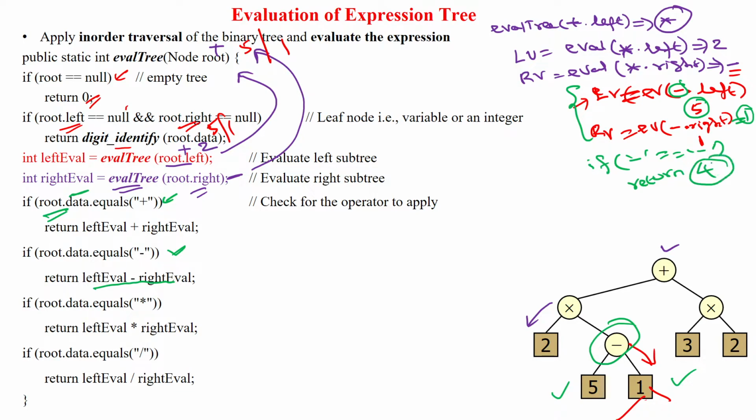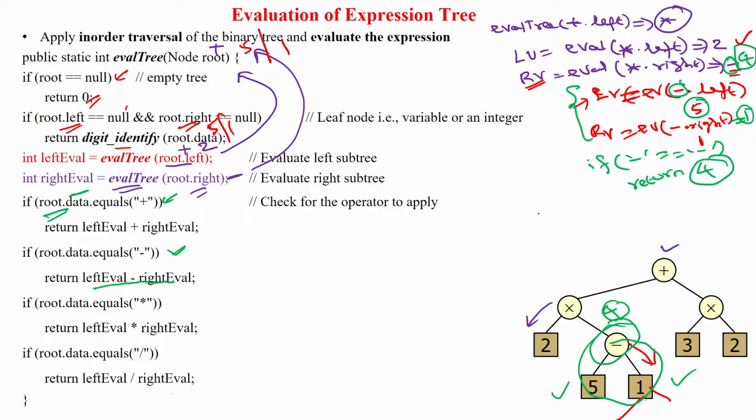So this is returning 4. Where is it returning? It is returning to the R value here. This 4 is replacing this minus, this result is replacing this right child. So now we got the right child for the into mark, and the value is now 4. So now we got 4 as the R value here.